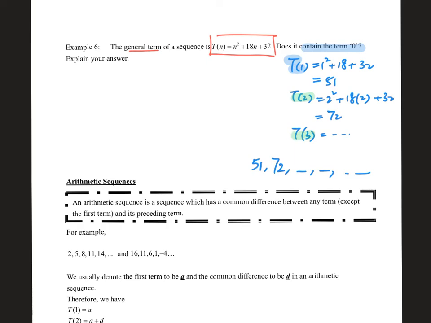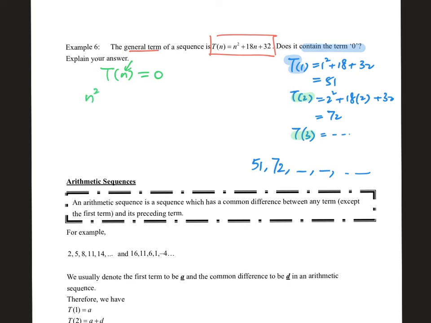How does this method help you explain your answer? You can simply say, if it's possible, I should find a possible n, which refers to the position, so that the value is 0. If you can solve it and find a number, then you can say there's a term 0.